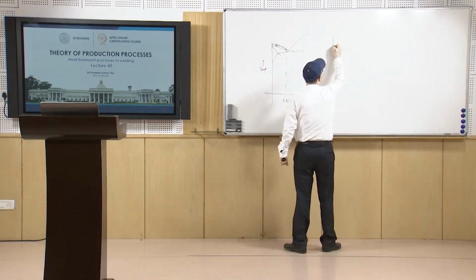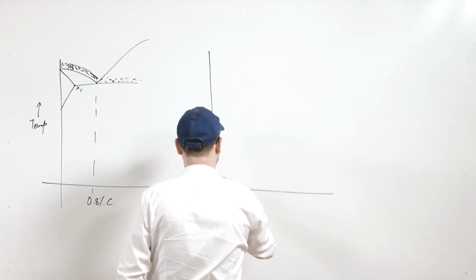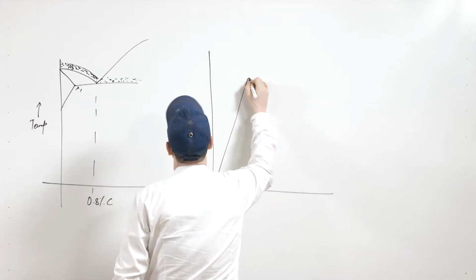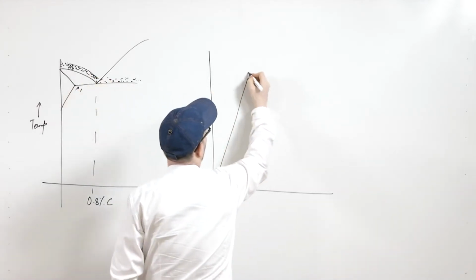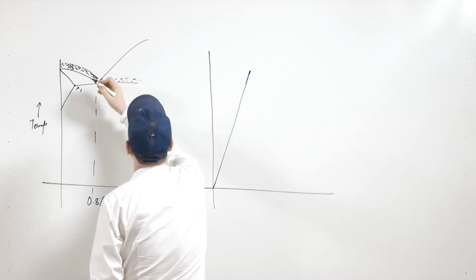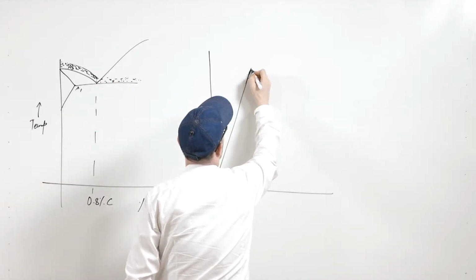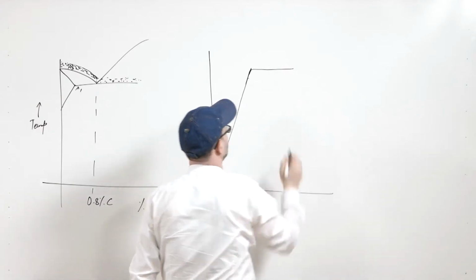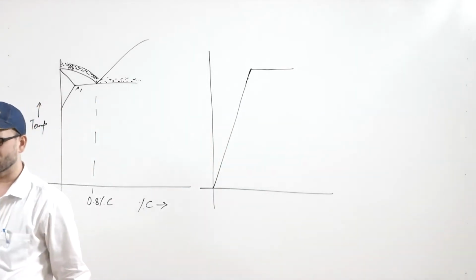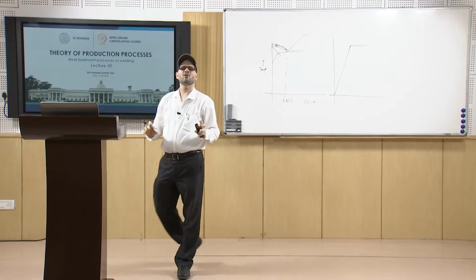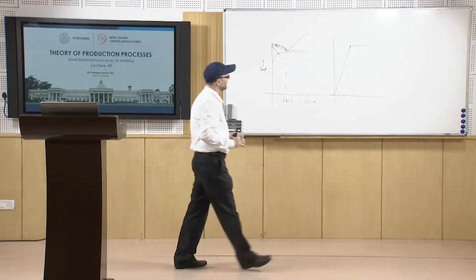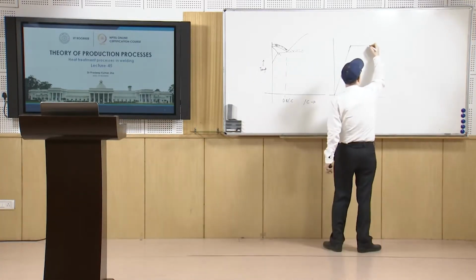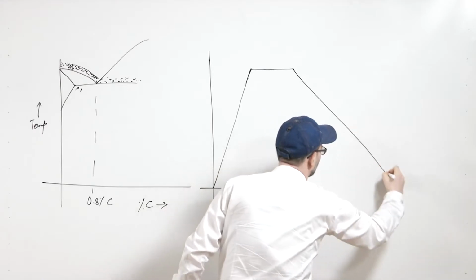So, suppose you are heating to this temperature, and this is about 900 degrees centigrade, and then further you are holding it. This holding time is about 2.5 minutes per mm of section thickness, and then you are cooling in the furnace slowly.